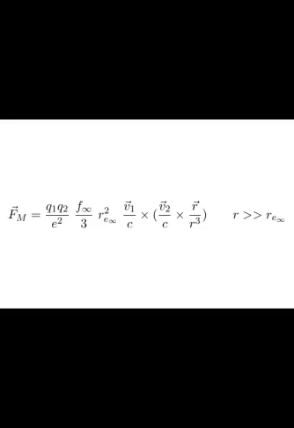So to get the force of magnetism, you just multiply the intrinsic force with the rotation of the electron, and you obtain directly the equation for the magnetic field, as you see here.